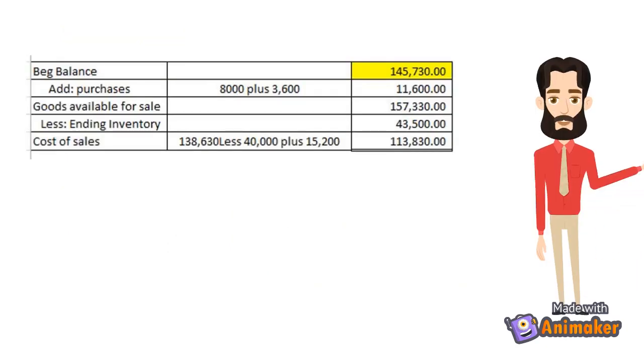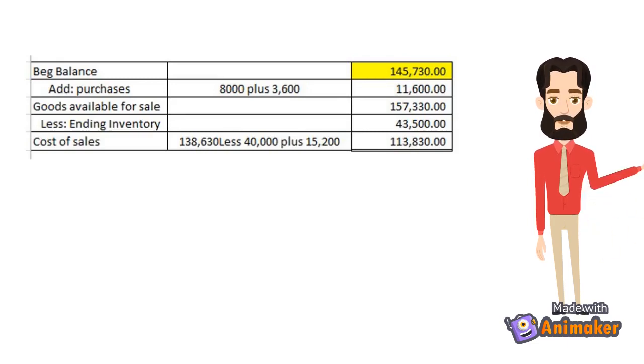Using the format, let's put the cost of goods sold of 113,830 units. This can be computed as recorded sales of 138,630 units less 40,000 consigned goods plus 15,200 sold of consigned goods.